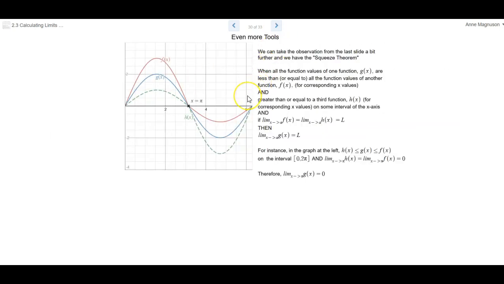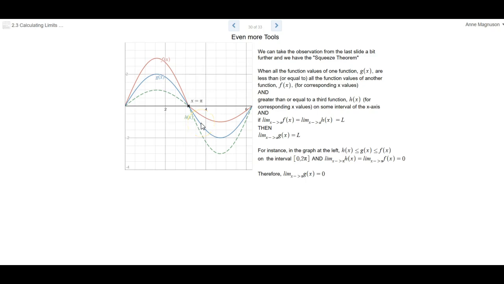And that leads to a big deal theorem called the squeeze theorem. It basically tells you that if all the y values of a function, in this case g of x, are between the y values of two other functions, so in this case f of x, all the y values are greater than g's, and h of x, all the y values are less than g's, and if f and h both have the same limit as x approaches some value, then g must have that same limit.